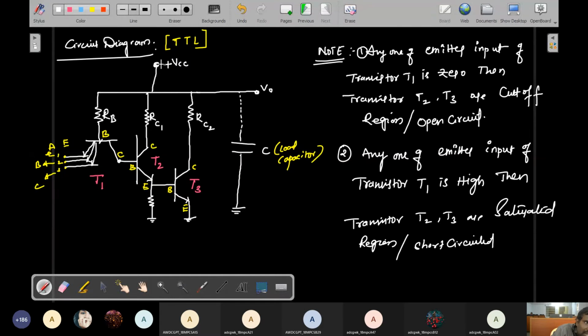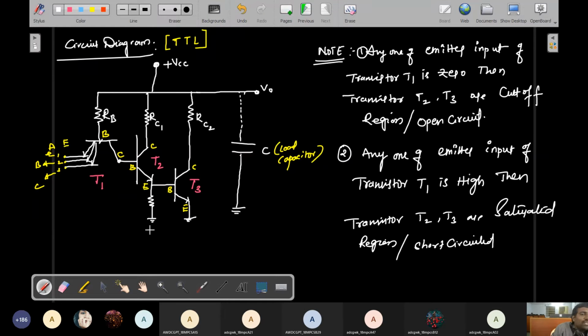So whatever potential is supplied to this transistor is transferred to the output voltage. So if any one of the inputs is 0, then your output will become high.